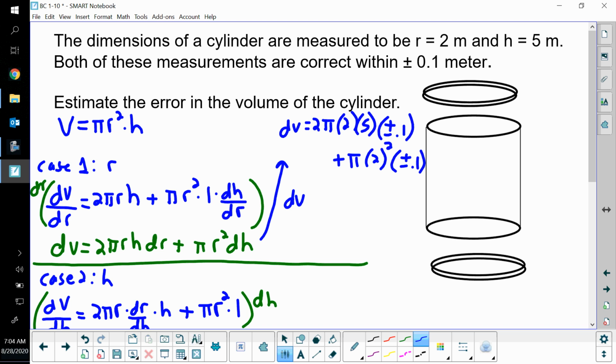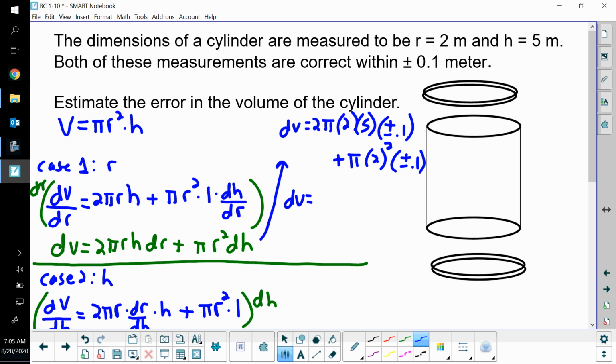So this is what I was talking about with we're looking for the maximum. So basically the maximum error, the maximum dV, is going to come from both of them being plus 0.1s or both of them being minus 0.1s. So you can essentially just do the calculation without the plus minus and then bring it back in the end, because that would be the maximum of those combos. We want to know what's that greatest possible error.